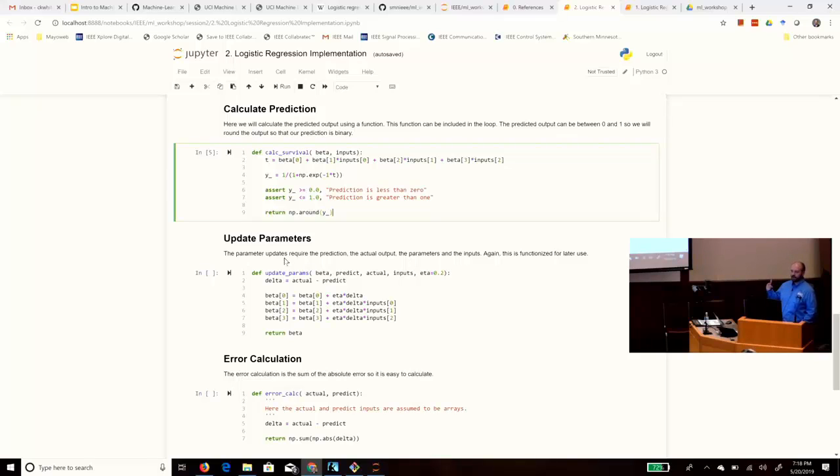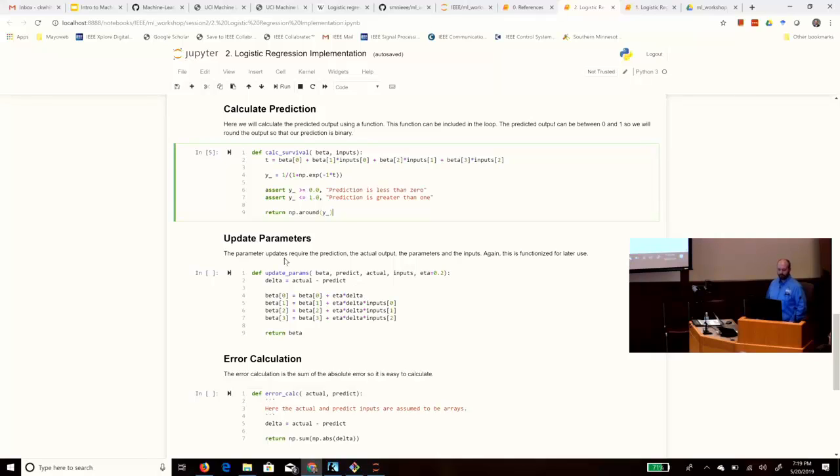So this will run through the math equations I showed earlier. What this does is it checks the actual versus predicted, and then it updates beta 0, 1, 2, and 3 based on the difference between our actual and predicted and our learning factor and our input values. So it's just 4 simple linear equations in a row. And then at the end, we return our new values. Our new parameters are returned.